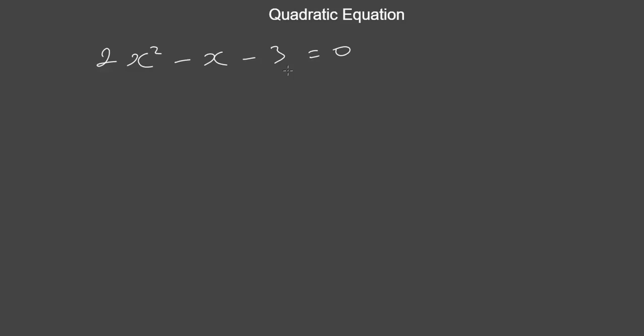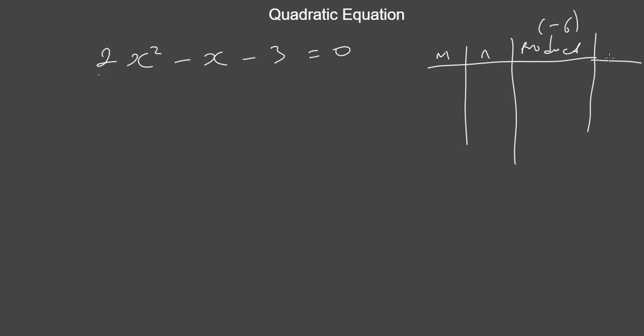So, as I said earlier, what you want to do is look for two numbers, m and n, for instance. And you want to get the product. But this time around, you want the product to be this times this. So you want the product to be 2 times minus 3, which is minus 6.